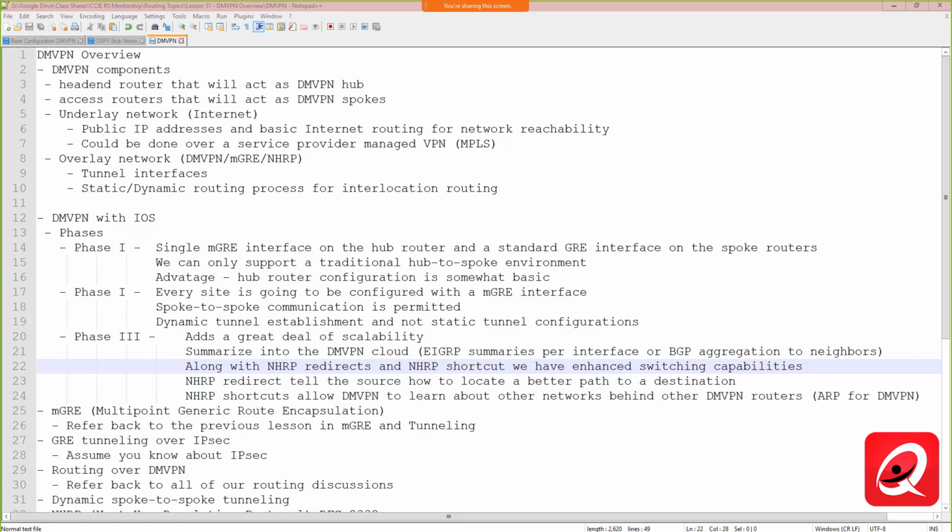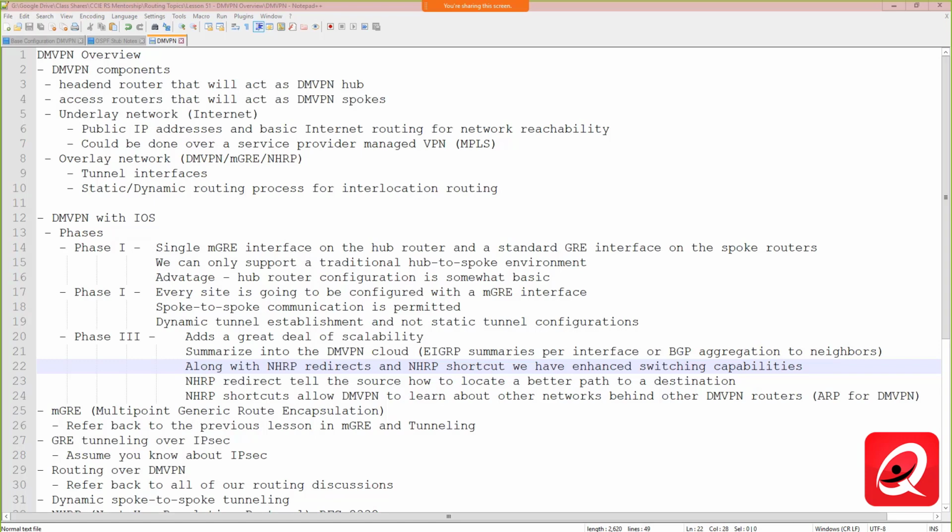And whenever those spokes come online, assuming we've applied the appropriate configuration to those spoke routers, they're going to register with the hub dynamically, and they're going to identify their VPN address, which is their publicly facing IP address, and they're going to register their NBMA address, which is the overlay VPN address, the one that's usually tied to the tunnel interface. We'll see this in action as we get into the next few sections and start doing our configurations.